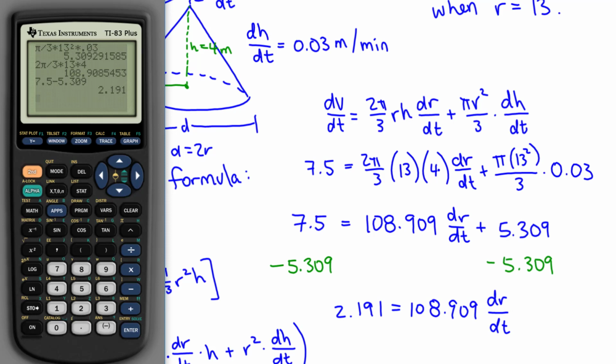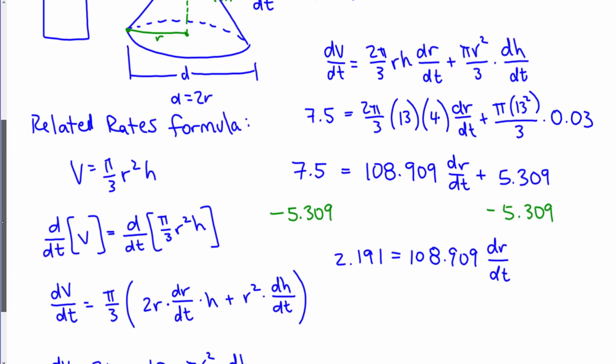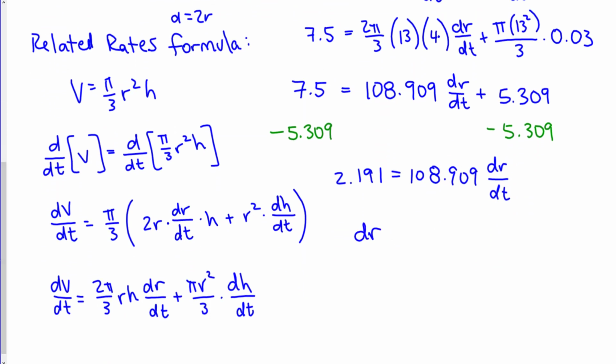And then what that means is dr dt is going to be found by dividing each side by the 108.909. So if I take this and divide by 108.909, I get 0.020, and I'll just make that 0.02. Alright, so then dr dt is 0.02. The radius is going to be measured in meters, so it's meters per unit time, which we called minutes here. So 0.02 meters per minute.